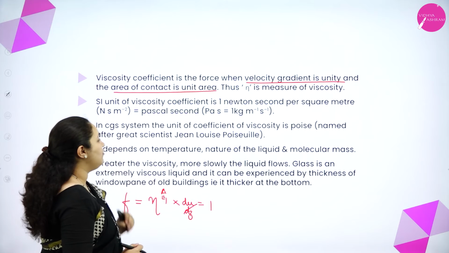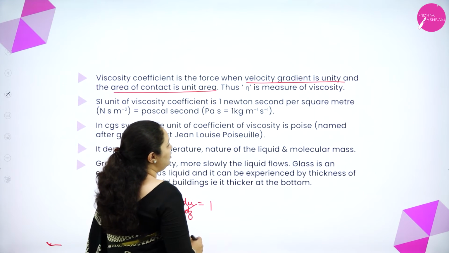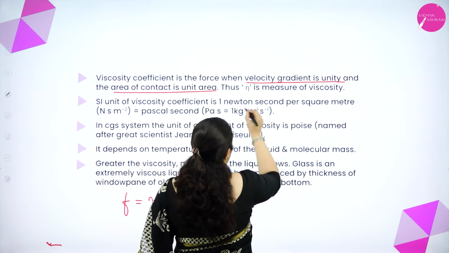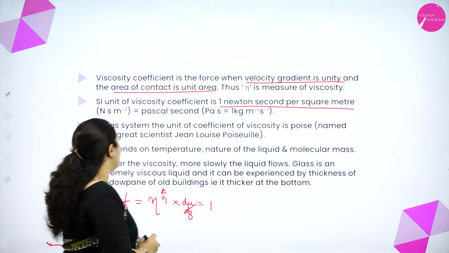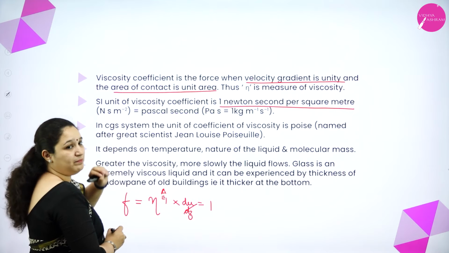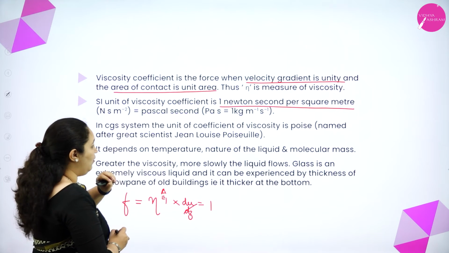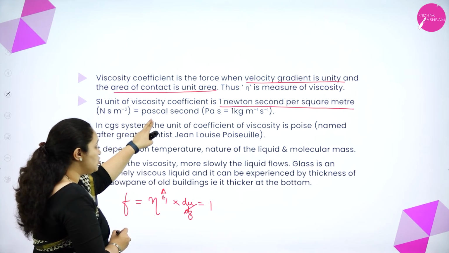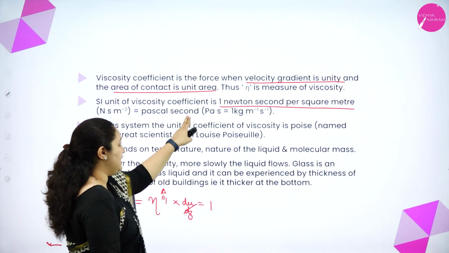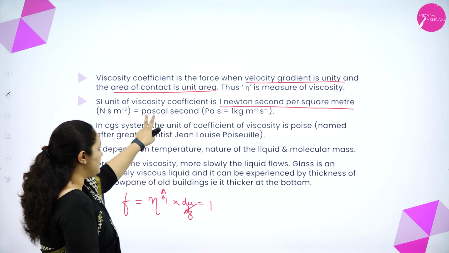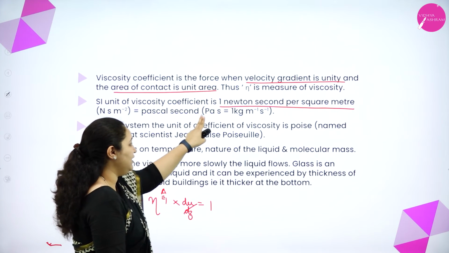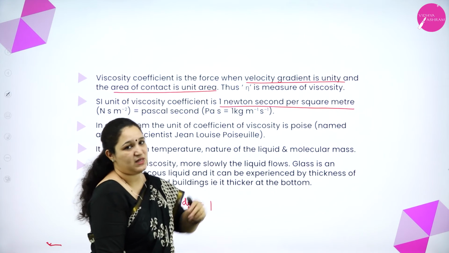The SI unit of viscosity is 1 Newton second per square meter, which can also be written as Pascal second, since Newton per meter square is called Pascal. It is also 1 kg per meter per second.